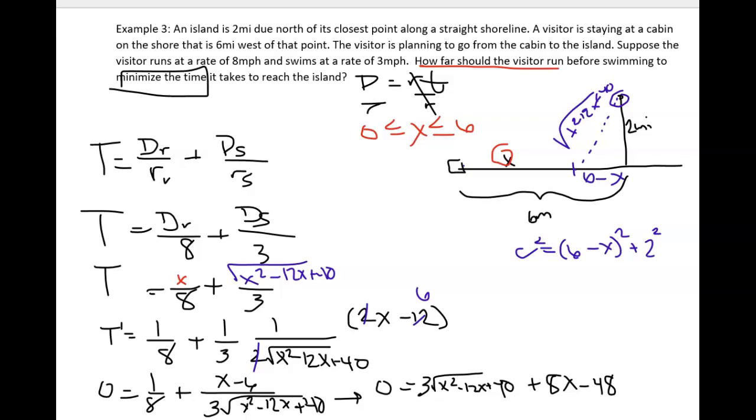And so this is a radical expression. I'm going to rearrange the terms so that the radical is isolated. This is going to give me the square root of x squared minus 12x plus 40 equals 48 minus 8x all over 3. And then I'm going to square both sides.